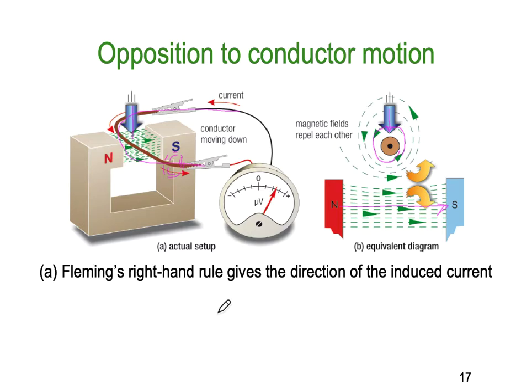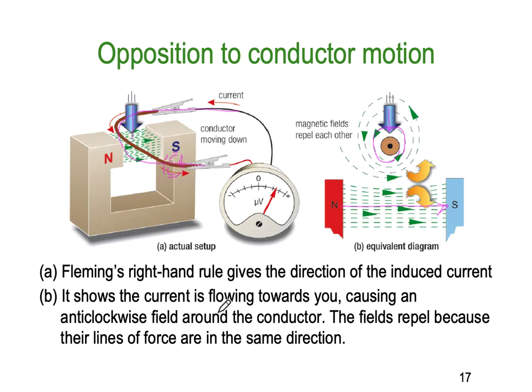So Fleming's right-hand rule gives us the direction of the induced current, and the current is flowing towards you, causing an anti-clockwise field around the conductor. The fields repel because their lines of force are in the same direction to each other. So instead of combining, they repel each other, which you can see here very clearly.